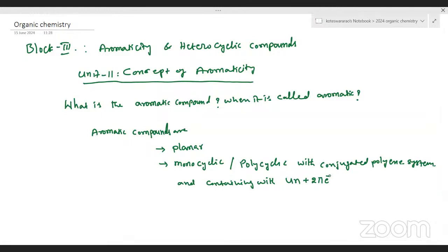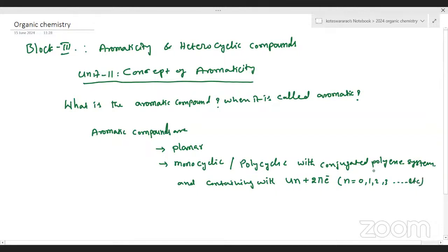All these things should be satisfied. Here, what is n? The n starts with an integer number: 0, 1, 2, 3 and so on.